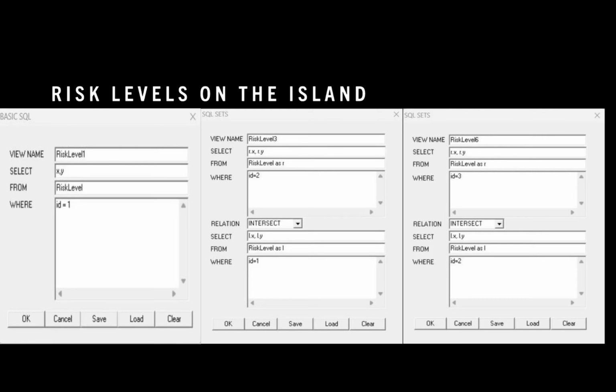On the left, you can see how we calculate risk level 1 for the areas that are only affected by ash. In the middle, you can see risk level 3, which were areas affected by both ash and ballistic blocks. And on the right, you can see risk level 6, which were affected by ballistic blocks, ash, and water.